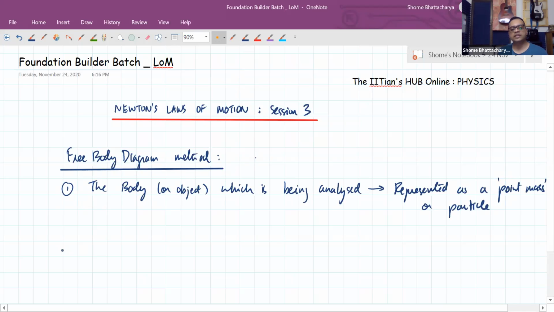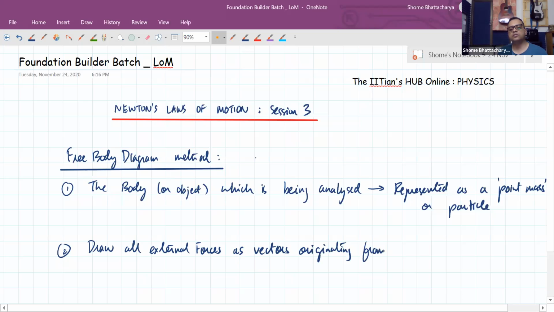And the second step is we draw all external forces acting on it as vectors, that is vector arrows originating from the point mass. Now the next step becomes very critical.